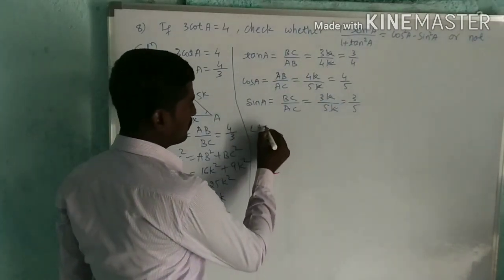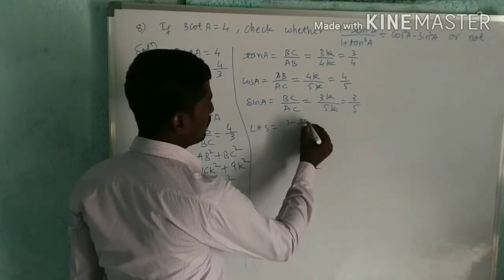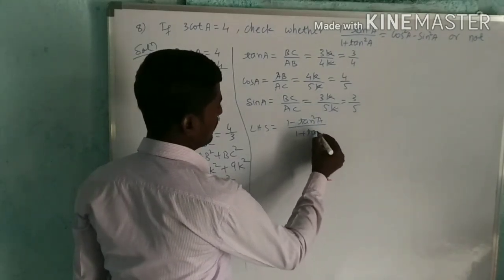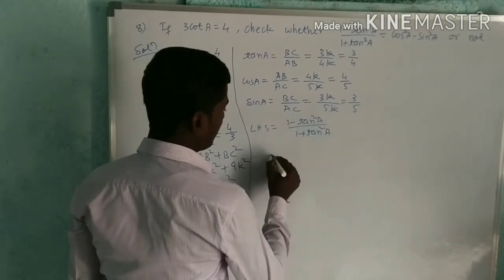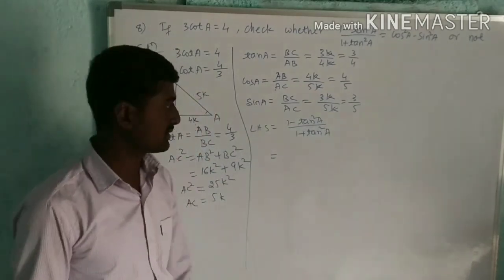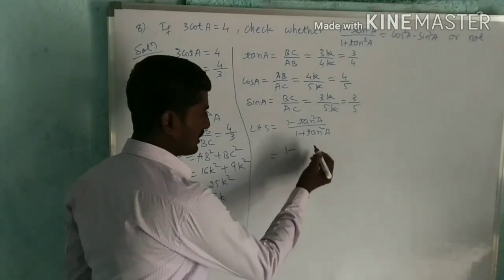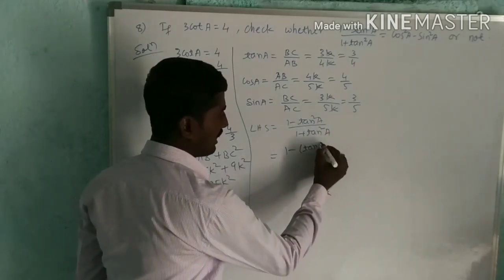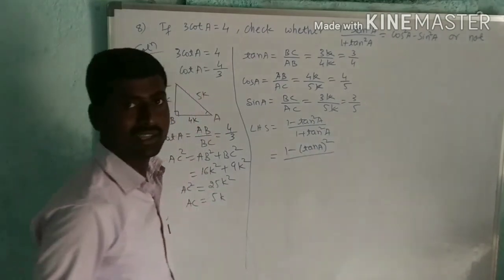Now let us take LHS first. LHS is equal to (1 minus tan square A) divided by (1 plus tan square A). Let us substitute the values. Otherwise, can I write like this also, 1 minus tan A whole square, both are the same as I said.